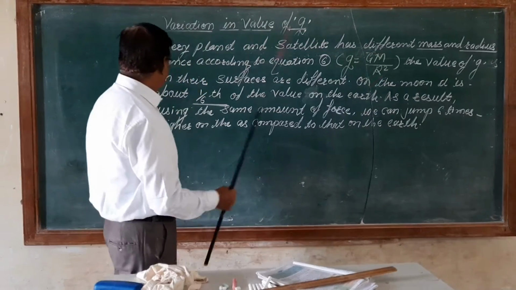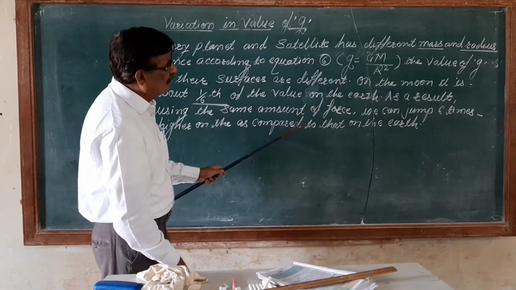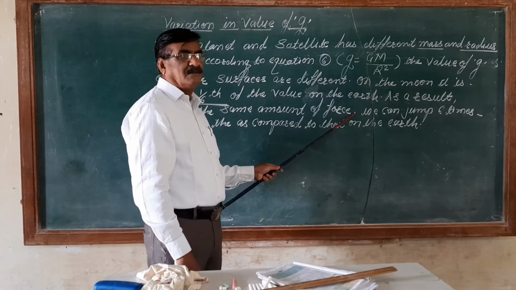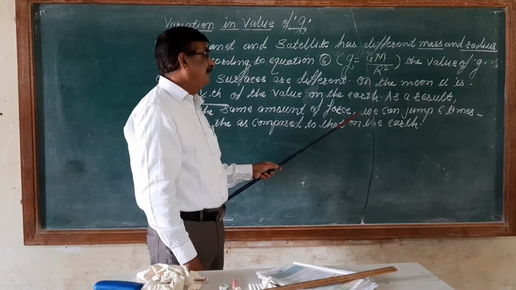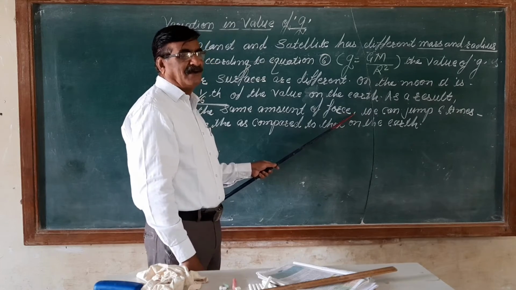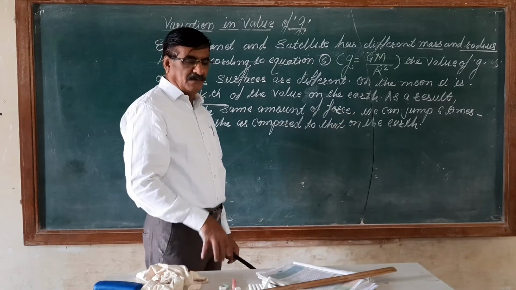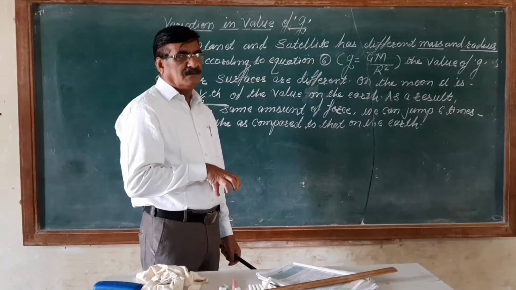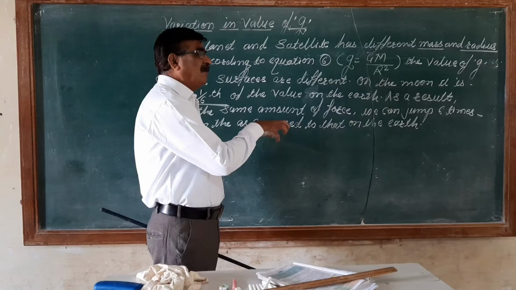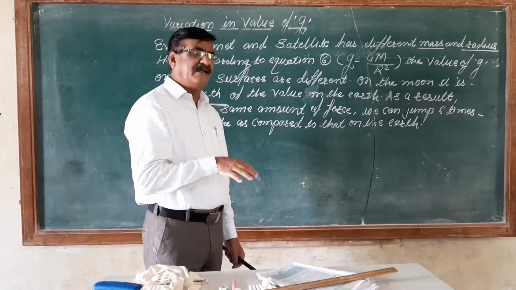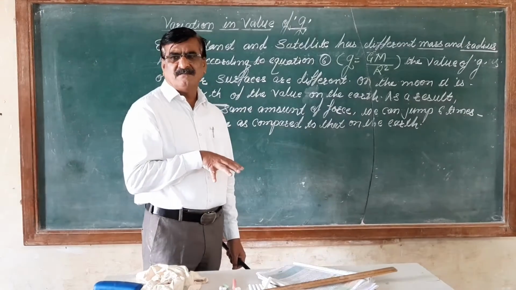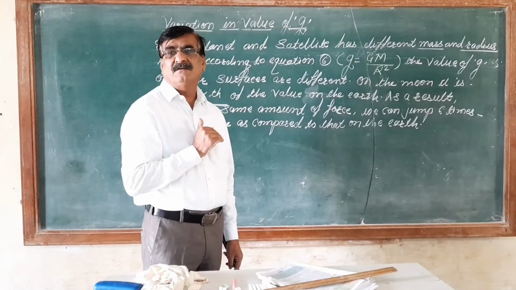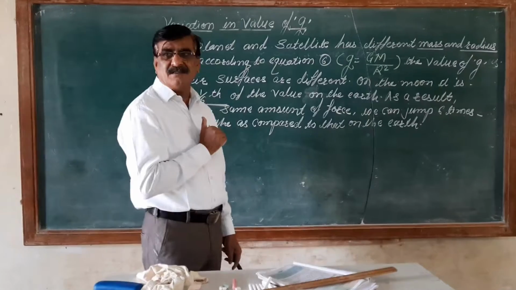As a result, using the same amount of force, let me state an example of what happens actually. We use a force of some amount on the earth, and that same force is used on the surface of the moon. What happens?